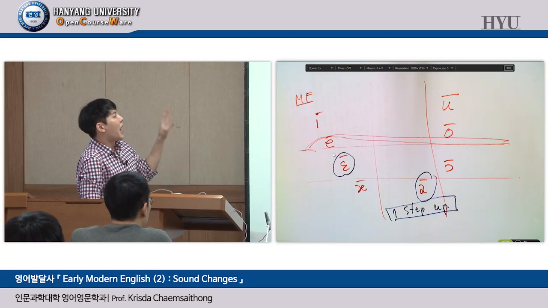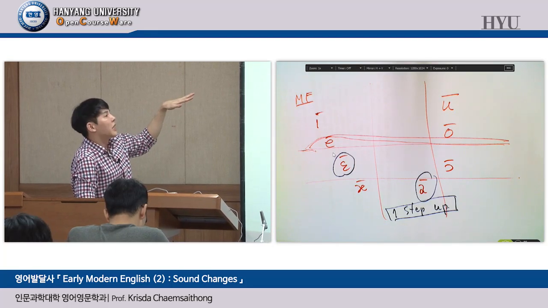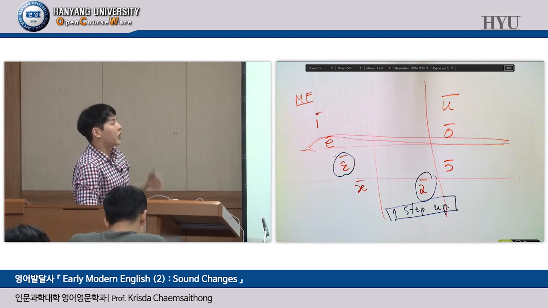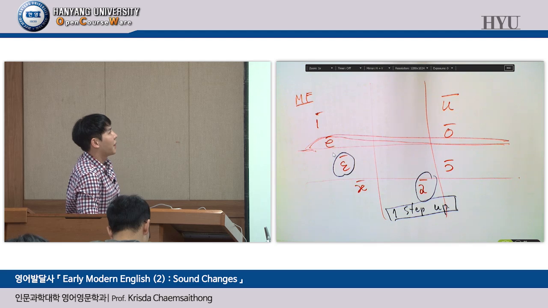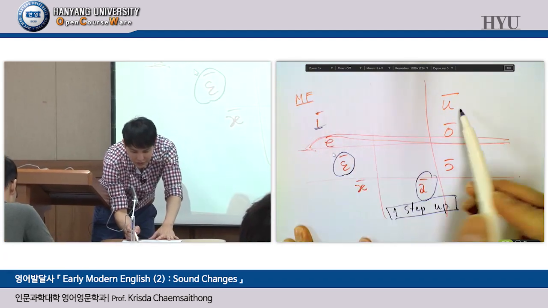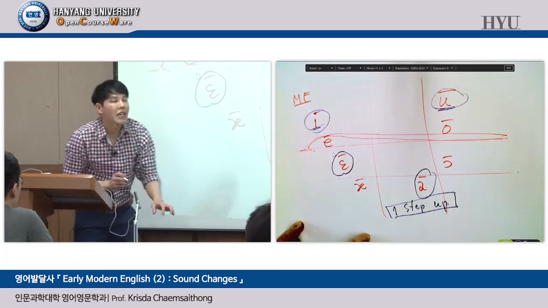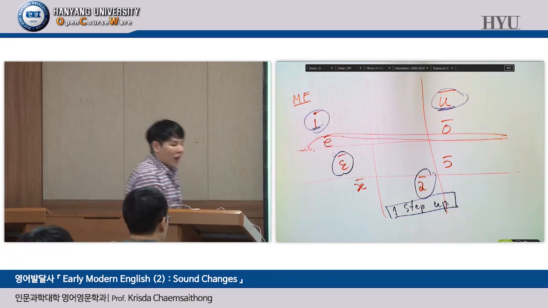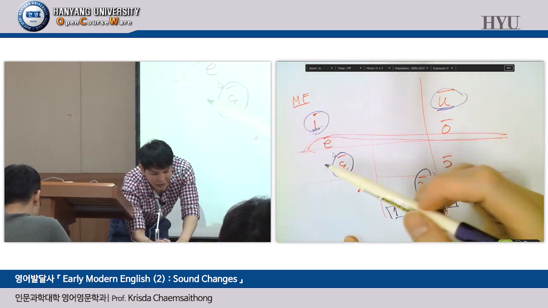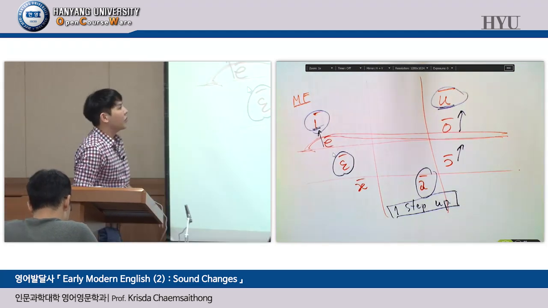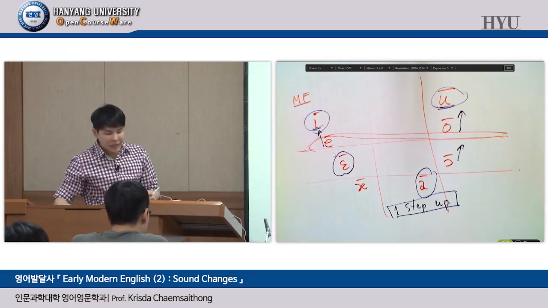But the other vowels involve 1 step up from where they used to be in Middle English, right? When I say move up, it is like this, 1 step like this.